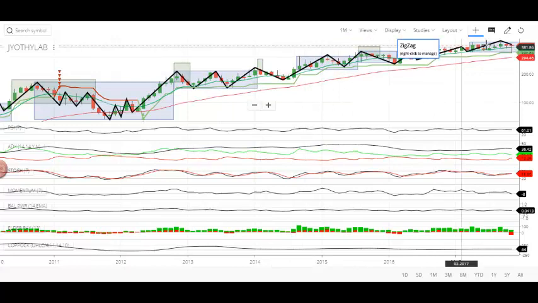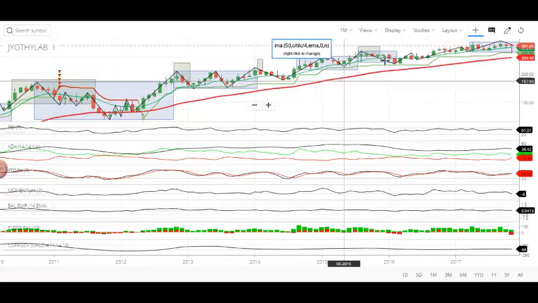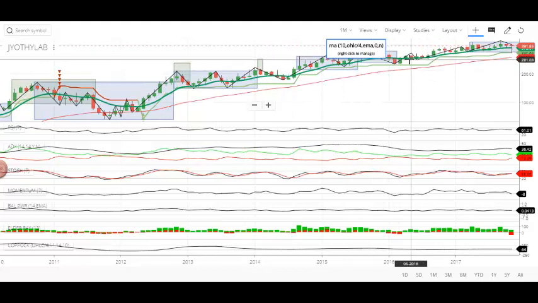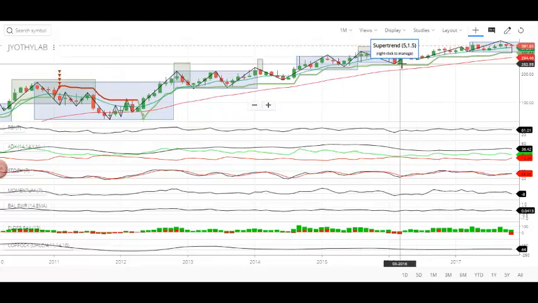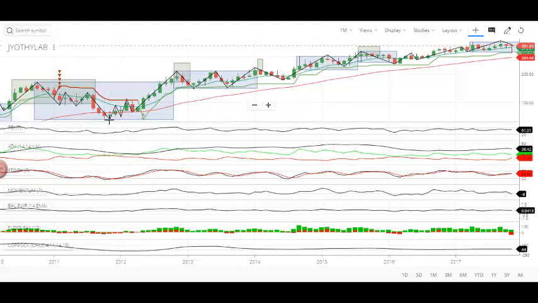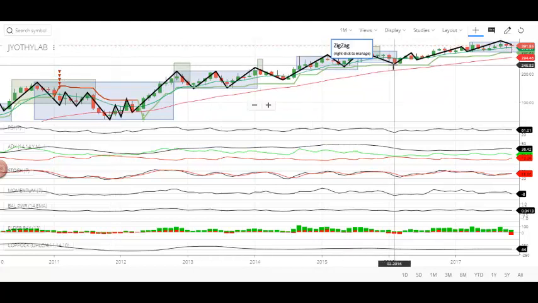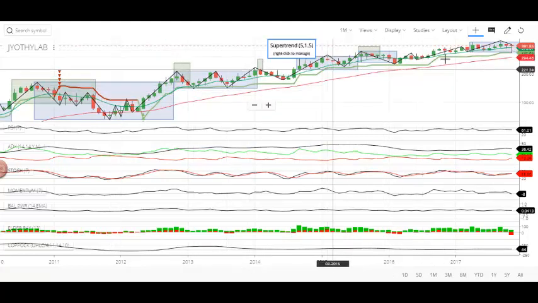This is the path pattern that we are expecting, and this is what Jyothy Labs is showing us, and this is what it has been following for quite a number of years. For example, it started its journey in November 2011, and today it is November 2017. Completely 6 years, this stock has been following the same path, continuous upward movement.